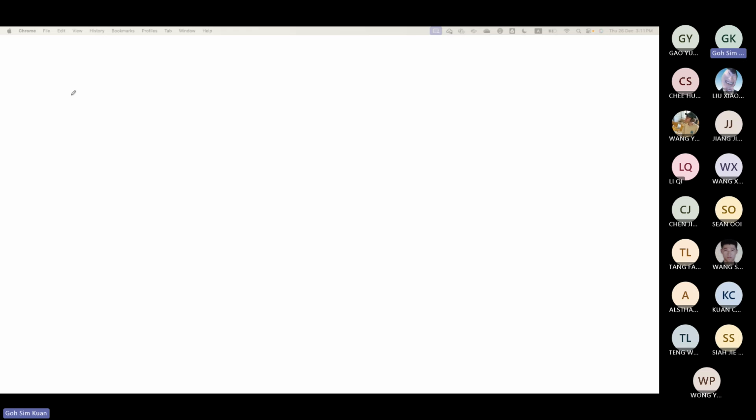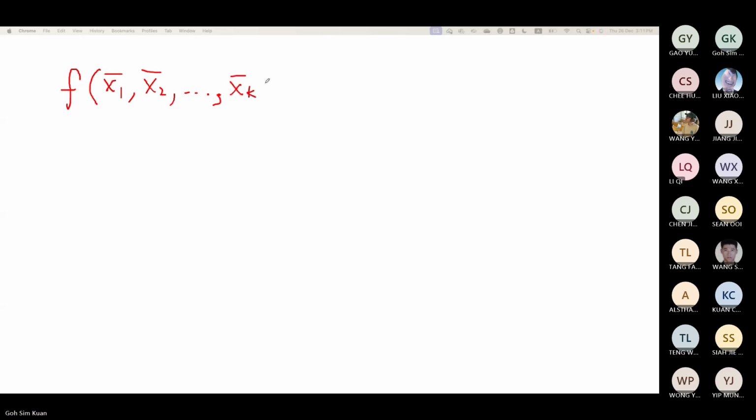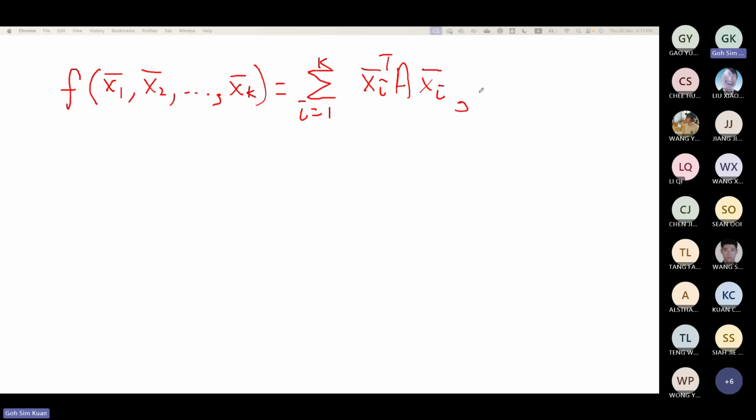Okay, let's say you are given a function f, where each of these x1, x2, is a vector, and we have k of them in total. And we are also given an additional constraint here.